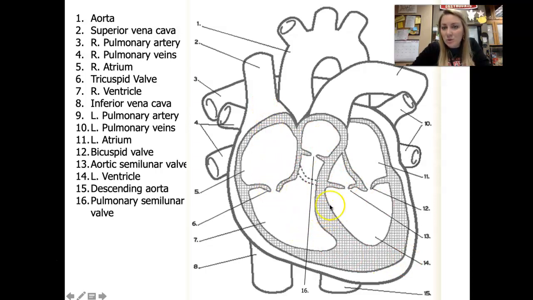If there's a leak here, then when this chamber squeezes to move blood to the lungs, some of it is going to spill over into the left ventricle, and then when the left ventricle squeezes to send blood to the body, some of that blood doesn't have new oxygen on it. So we're sending deoxygenated blood around your body, and now your cells everywhere else aren't getting the oxygen that they need.